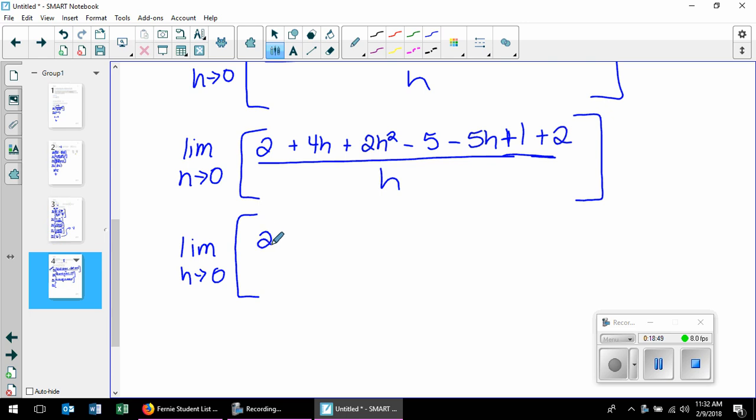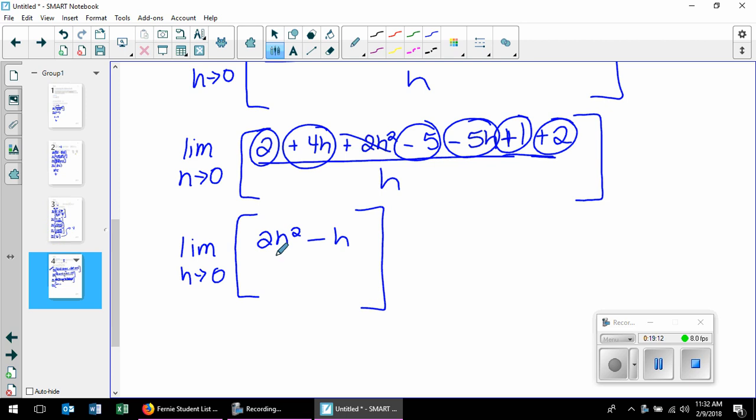So I'm going to have 2h squared, then a positive 4h and a negative 5h, so minus h. And then 2 plus 2 plus 1 is 5, minus 5 is nothing. All over h.